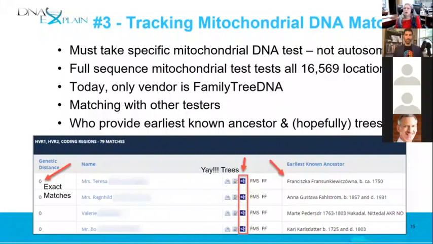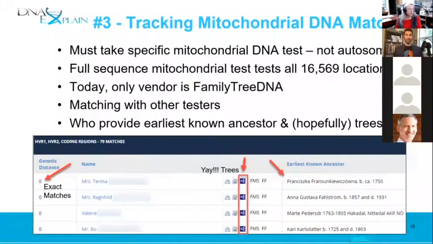I should sometimes go look and see if someone's added a tree and what their earliest known ancestor is, but I tend to be lazy and only focus on the full sequence. I actually occasionally encourage one of them to upgrade depending on where their ancestor's from.